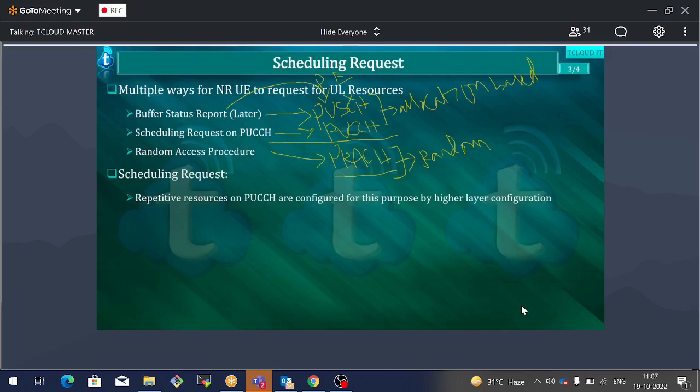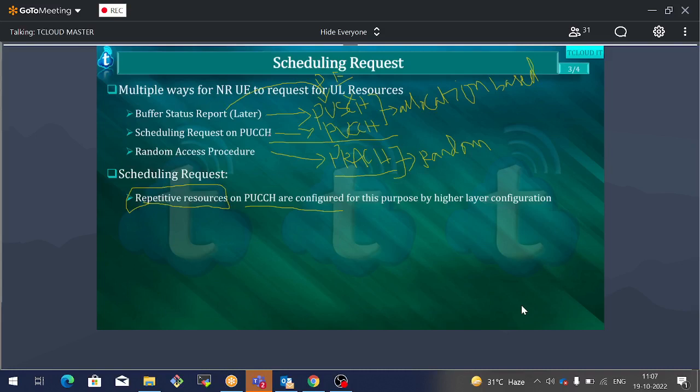But somehow these PUCCH resources are configured in a repetitive manner. You are allowed to use this PUCCH once in a while, every X amount of time in a repetitive fashion, as long as you are in connected state or as long as the network wants you to do that. It will give you a chance to use this PUCCH to send this scheduling request at least every now and then.